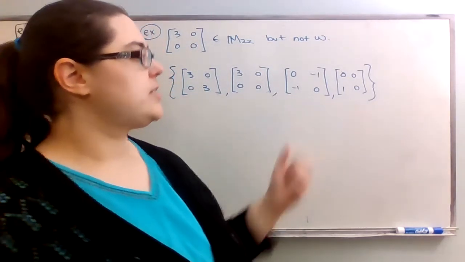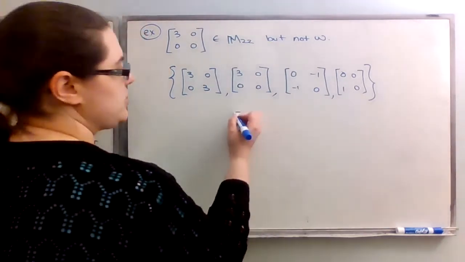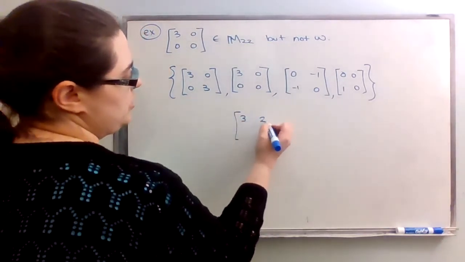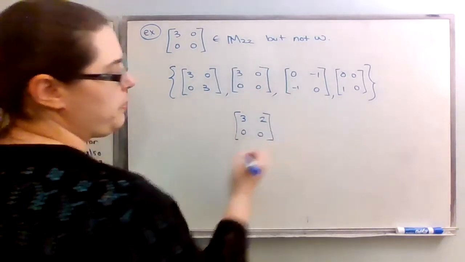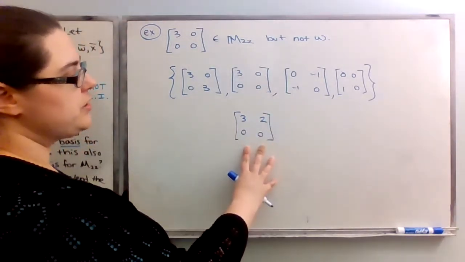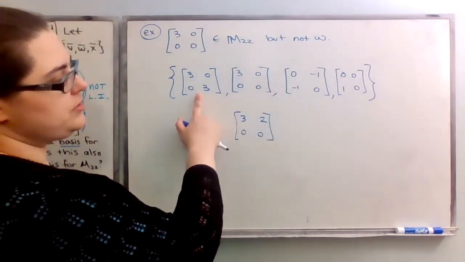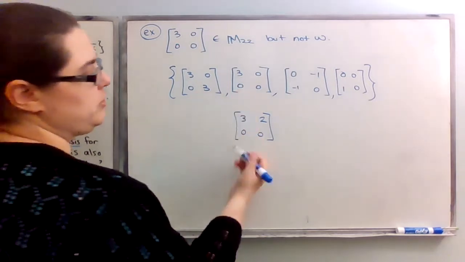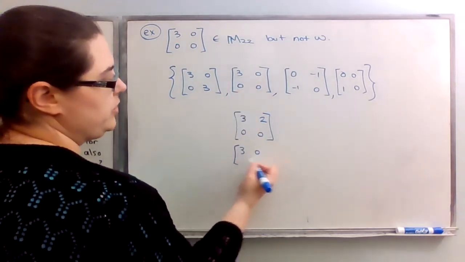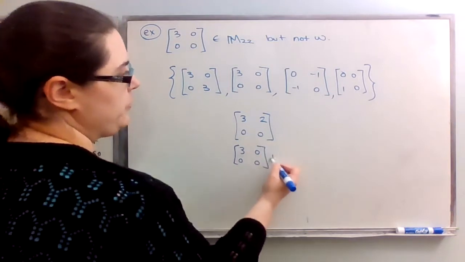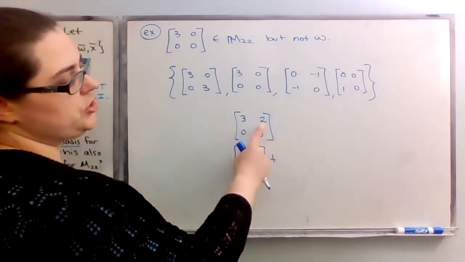So for instance, if I wanted to get the matrix 3, 2, 0, 0, well, I'm not going to take any of this because I can get this 3 from here. So I'm going to write that as 3, 0, 0, 0. Now I'm going to need a 2 in the top right.